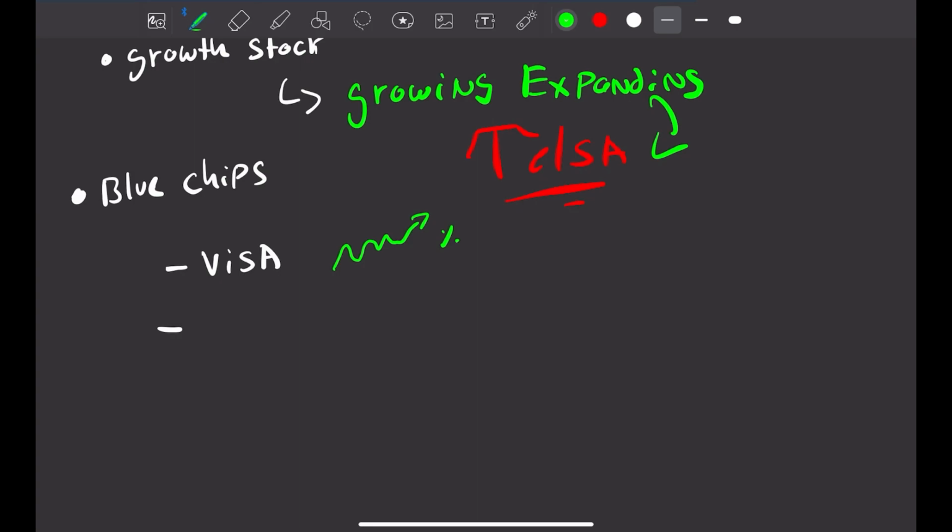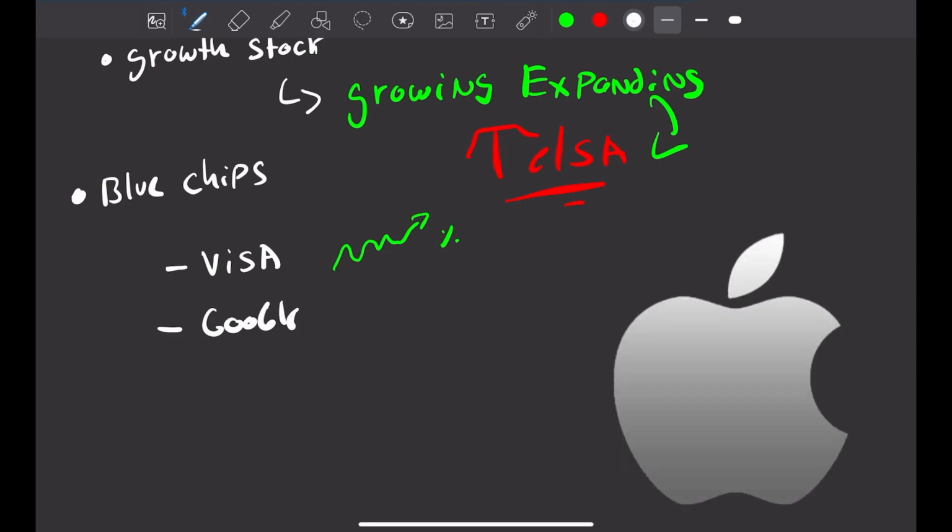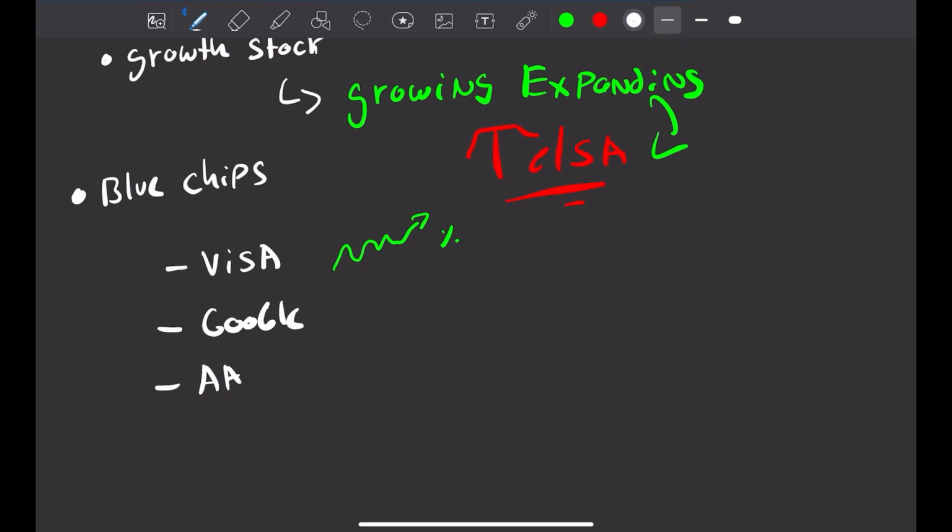Blue chips include, I believe, Google, Apple. Oh, my bad, it's AAPL. So what I'm doing right here is called a ticker. A ticker is also called a ticker symbol, and a ticker symbol is the thing people use to find the stock.